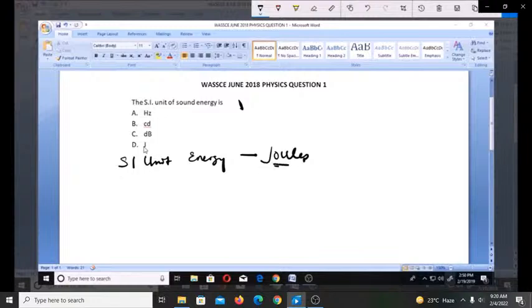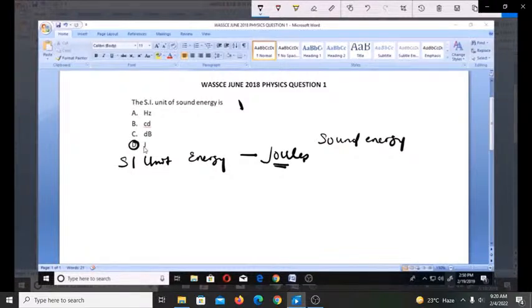Since the SI unit for energy in general is joules, then sound energy is a form of energy. So the SI unit for sound energy is joules, and that makes D the answer.